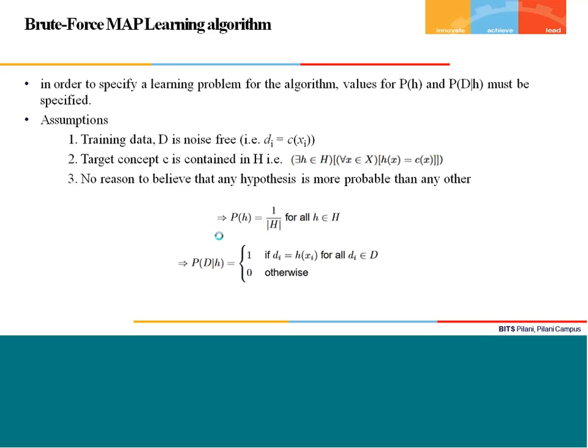So in order to specify a learning problem for an algorithm, here is an example. Just walk through this example with me, and I will conclude what I want to say with it, so that you don't get confused while reading the book. So I have a data set that is noise free. First thing is it is noise free. If I want to fit data to a line, let's say somebody said that this is the data generated by a line.